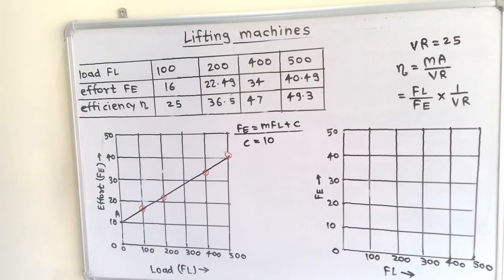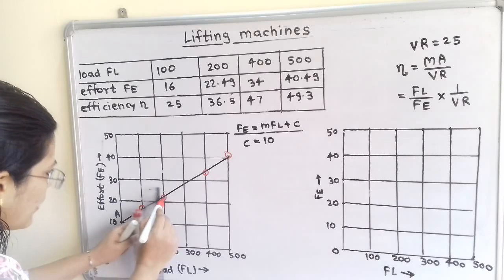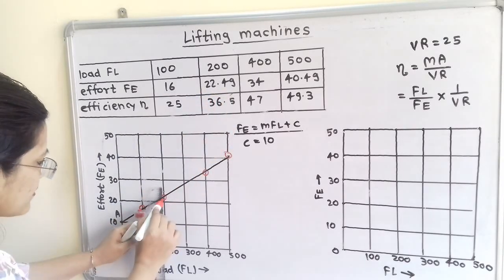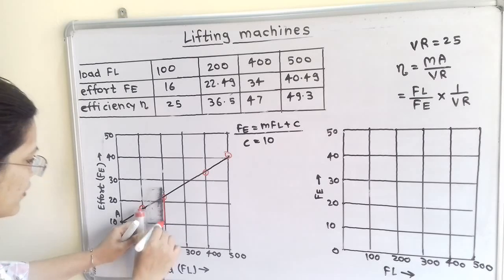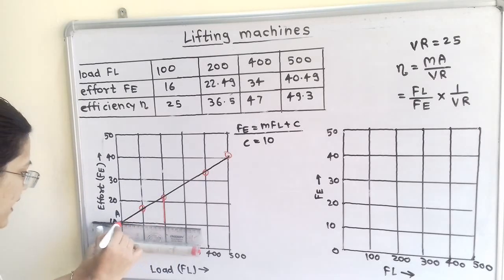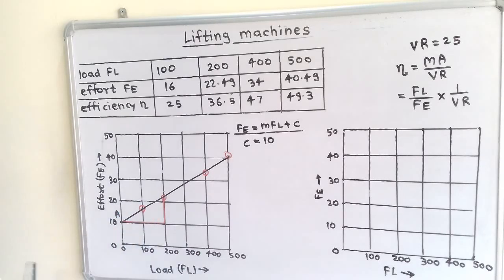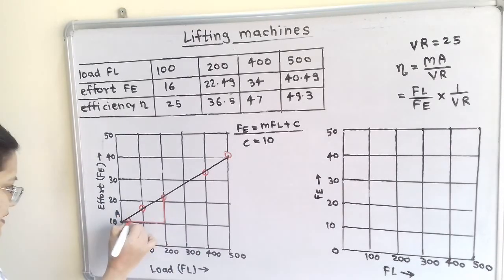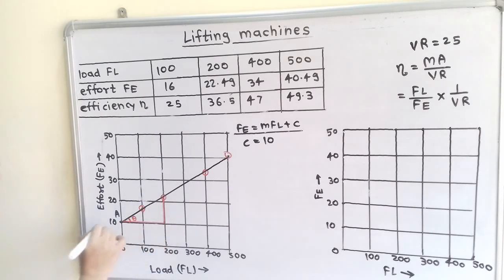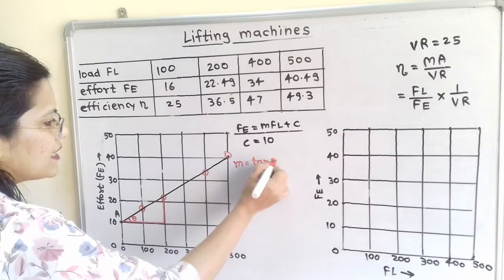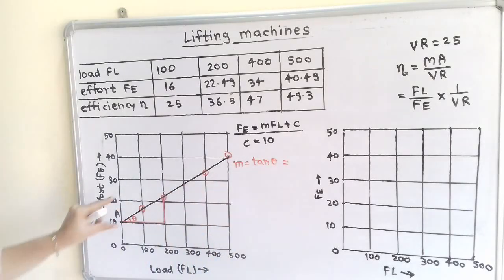Now we will find out the value of M. So I will connect the vertical line and horizontal line. I will select this point 22.49 on the vertical line, and on the horizontal line I will select this 10 Newton. Now if I select this angle as theta in this triangle, then M is equal to tan theta, which is equal to the opposite side.